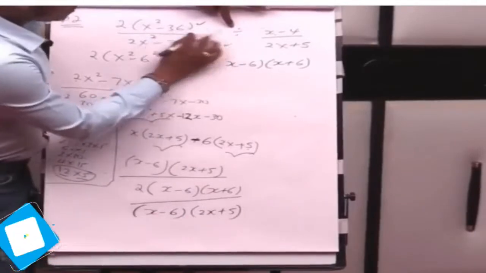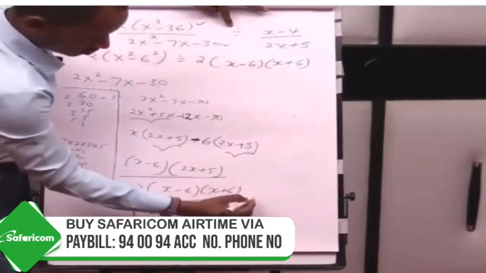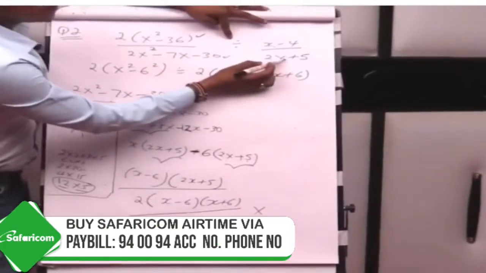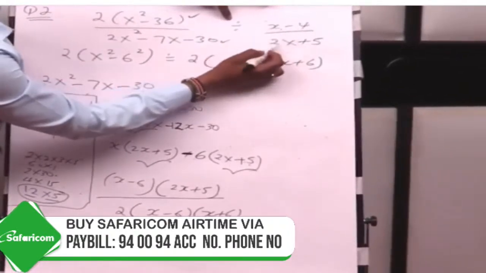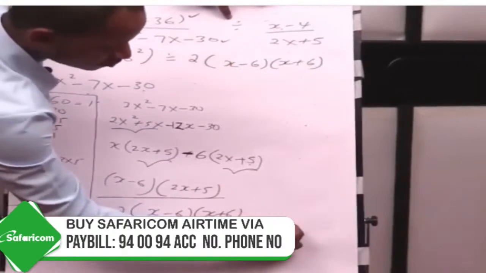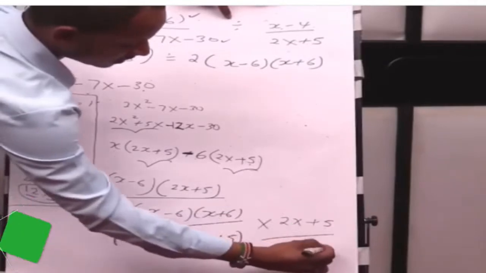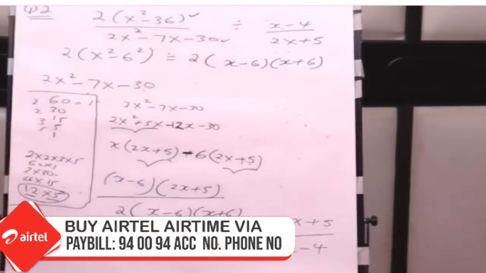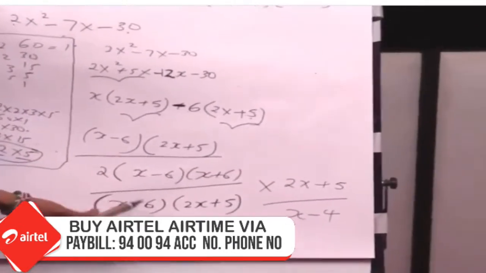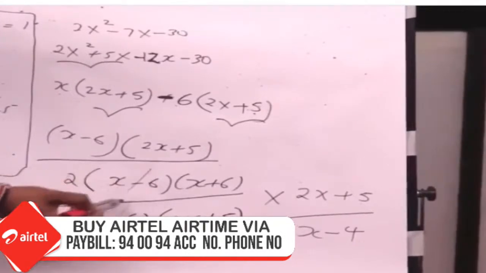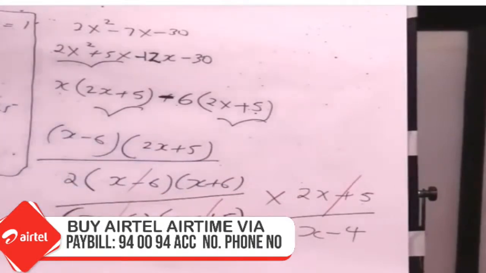If you divide this by this, if you want to change the division sign to multiplication, you multiply by the reciprocal of this. So x minus 4 over 2x plus 5 becomes times 2x plus 5 over x minus 4. So from here, you can simplify, you can cancel. You can see x minus 6 and x minus 6. So this cancels that. Then we have 2x plus 5 and 2x plus 5.